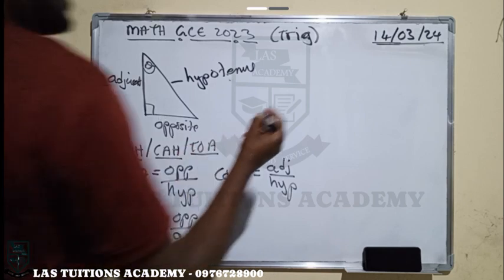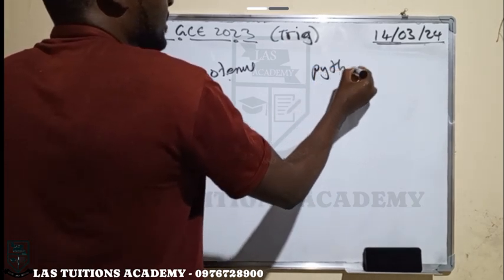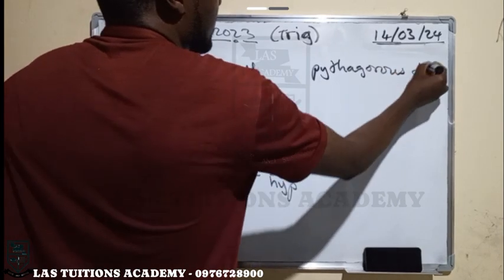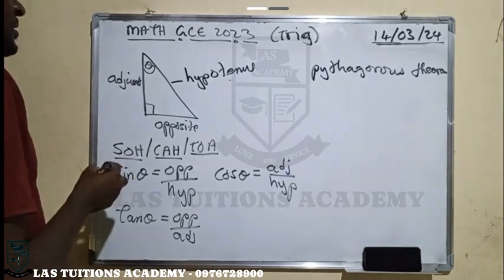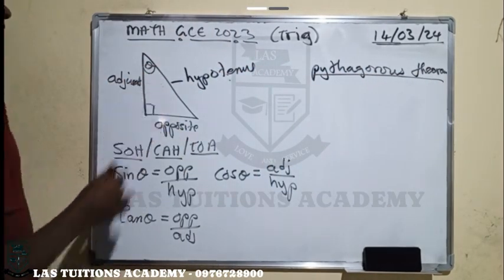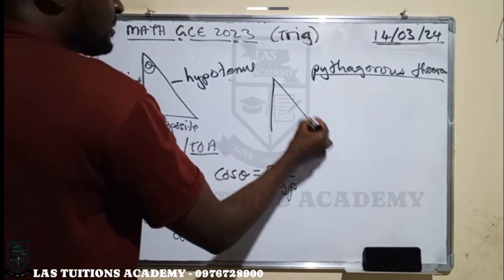Then we also have what we call Pythagoras theorem. So Pythagoras theorem tells us that if we have this triangle here, let me redo it like this.